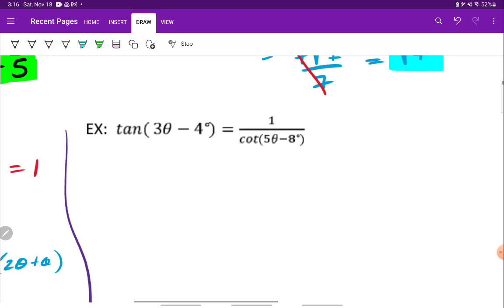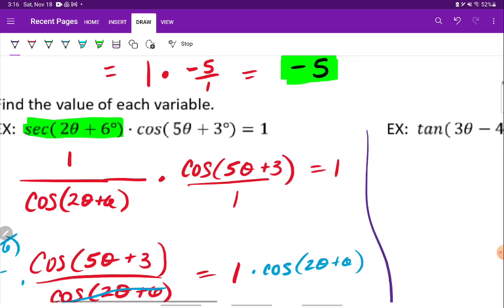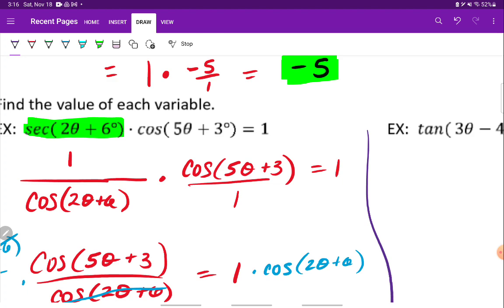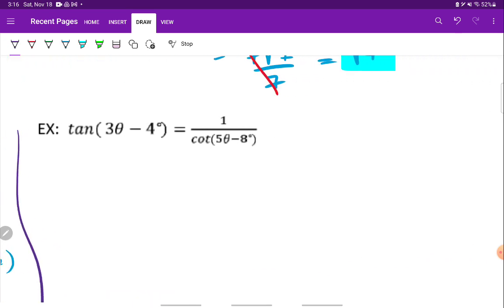Let's try another similar one. Now this one's a little bit different than the previous one. See, neither one of these to begin with were in the fraction form. In this next example, we have one in fraction form. I don't know about you, but I would always prefer to deal with something that's not a fraction.